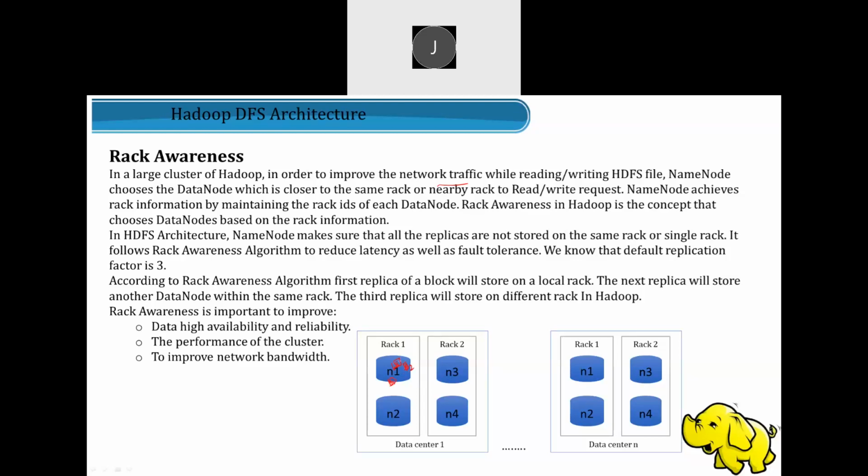Because if the name node keeps the data blocks in a different, say nth rack, nth data center, then you have to find out where that data block is present, right? In order to avoid that network traffic, it normally takes the rack which is closer. Network traffic, you understand, right? It depends on where the rack is present, the location, and the node which is closer. Until it is filled, it will keep adding into that block.